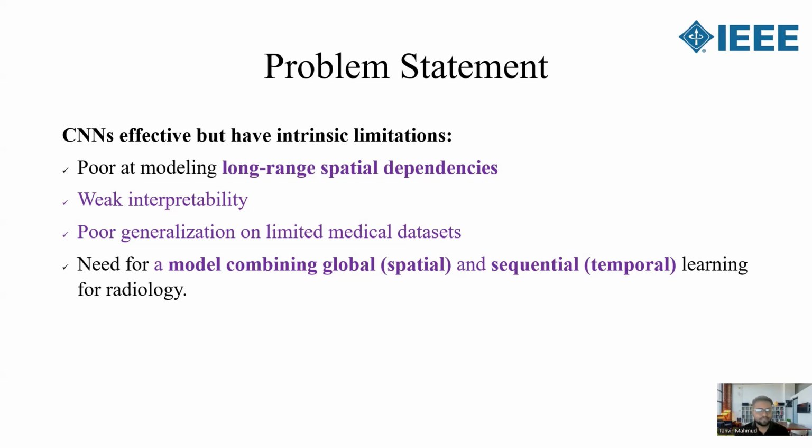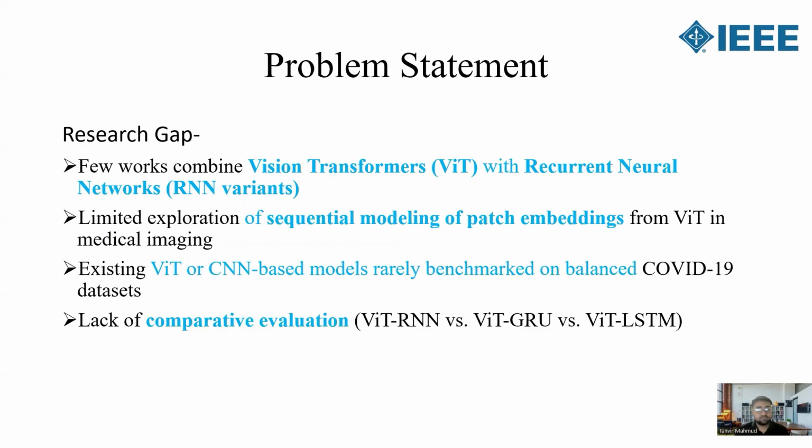In the existing literature, very few works have integrated the vision transformer, ViT, with recurrent neural network, RNN, variants such as GRU and LSTM. Moreover, there has been little exploration of how ViT patch embeddings can be modeled sequentially.